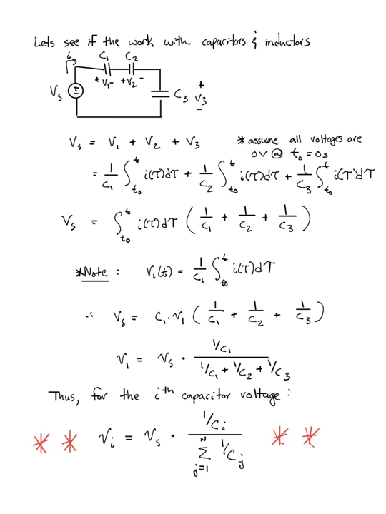And we can generalize this by saying the ith voltage of the ith capacitor is Vs times a fraction that is given by 1 over that capacitance over the sum of the reciprocals of the capacitances in series. This shouldn't be a surprise because of how we found out that capacitors are combined in series. They are combined in a like manner with the reciprocals. And resistors, as we found out, were combined by just summing the resistances themselves.